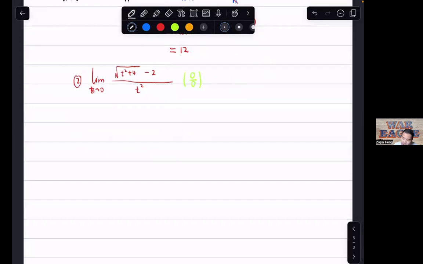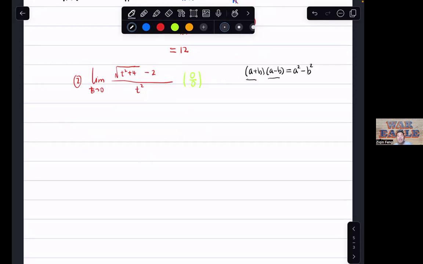We have a good formula: a plus b times a minus b equals a squared minus b squared, right? A minus b's conjugate is a plus b, and a plus b's conjugate is a minus b.